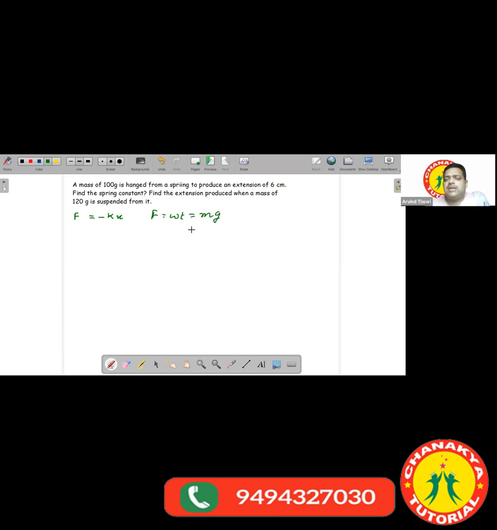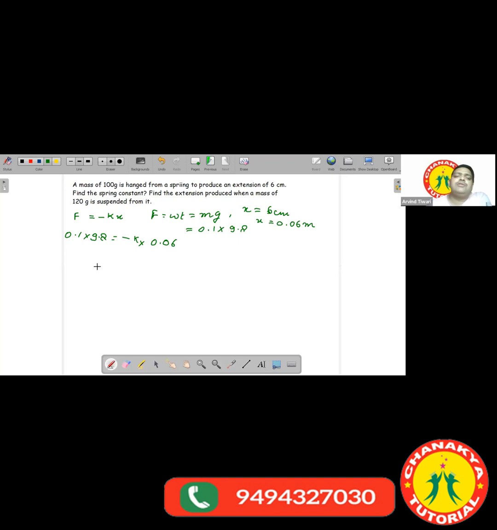So m should be taken in kilogram, which is 0.1, multiplied with g, that's 9.8. So 0.1 multiply 9.8 is equal to k times x, where x is 0.06 in meter. The extension is 6 centimeter, which is x equals 0.06 meter.